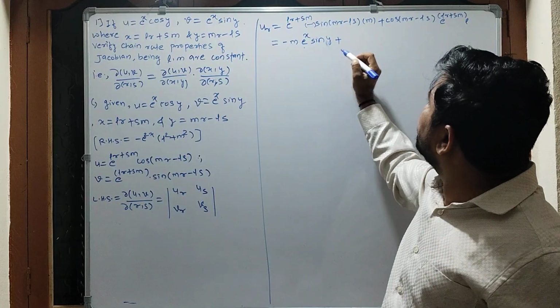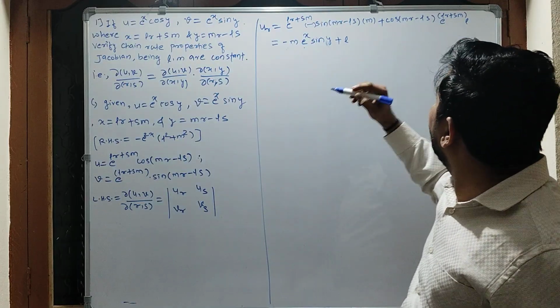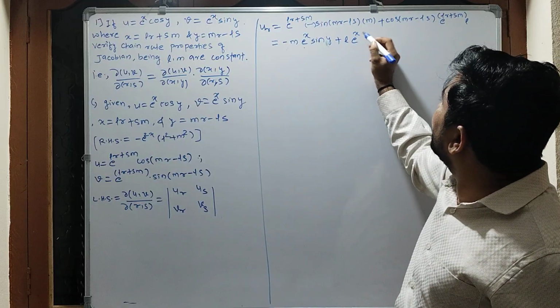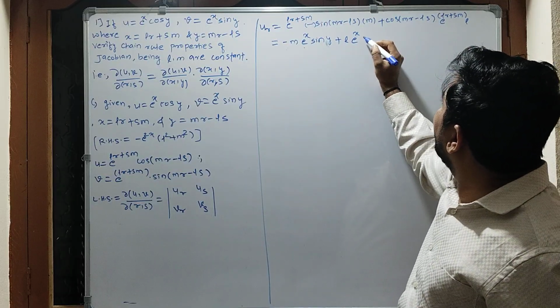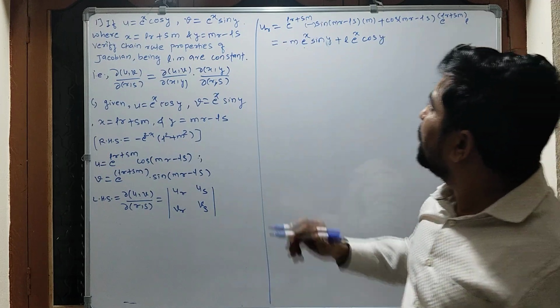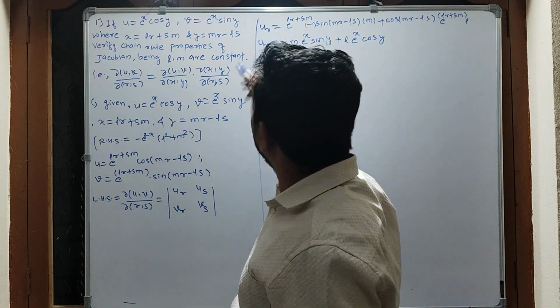Plus l times e to the power x into cos of y. So this is my u_r.